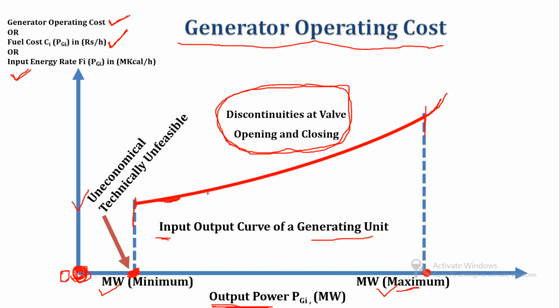So it is called the output power versus generator operating cost, or output power versus fuel cost, or output power versus input energy rate graph. Again I will repeat, it runs between megawatt minimum and megawatt maximum. Beyond the megawatt maximum it is technically not possible, and beyond this megawatt minimum it becomes uneconomical to run the plant.